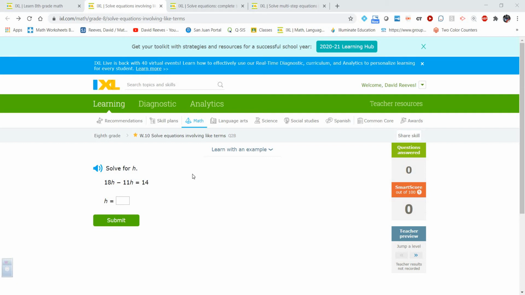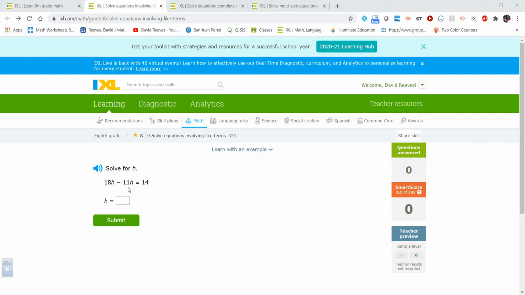All right, so we talked about this a little bit already if you watched my previous video. When you have an equation with an expression, which is every algebraic equation, sometimes you're going to want to simplify before you solve, and that is the case when you have like terms.